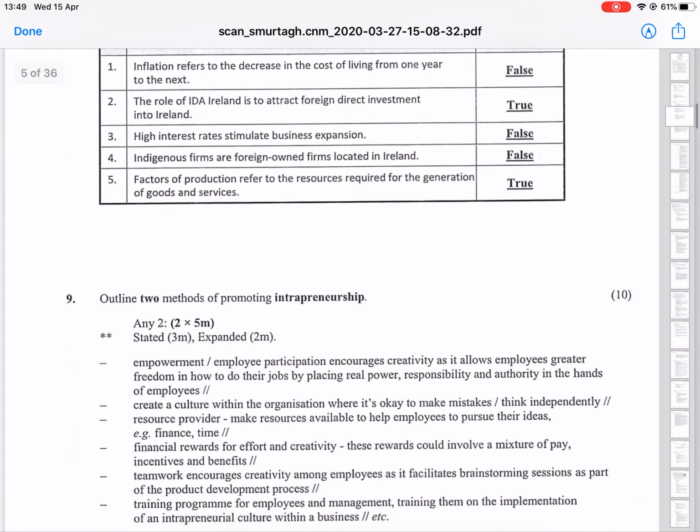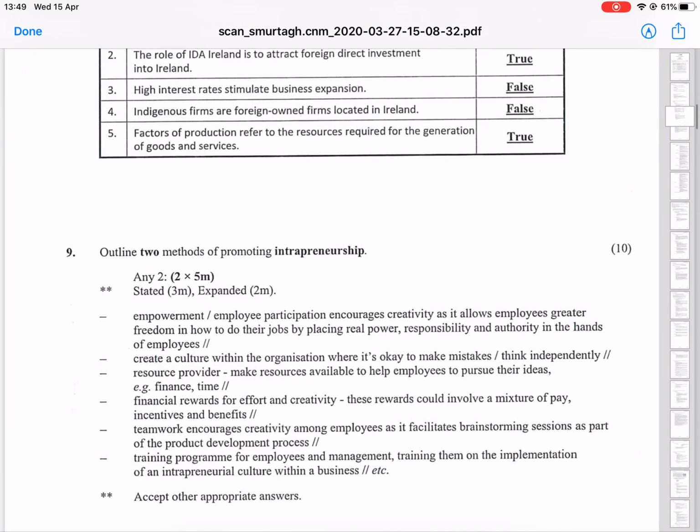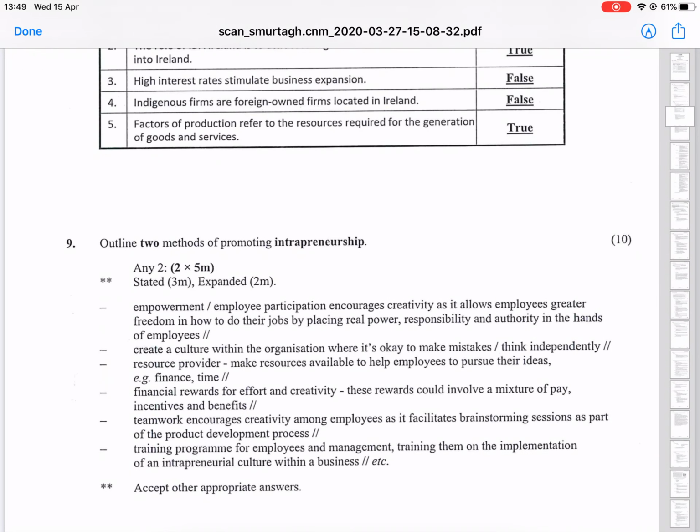Now, question 9 is a Unit 2 question. So you have to outline 2 methods of promoting entrepreneurship. There's loads of them there. We would have seen these types of things lots and lots of times. Look at the second one here, a culture where it's okay to make mistakes. The third one there, a resource provider, so you give funding and time to your employees to try and come up with ideas.